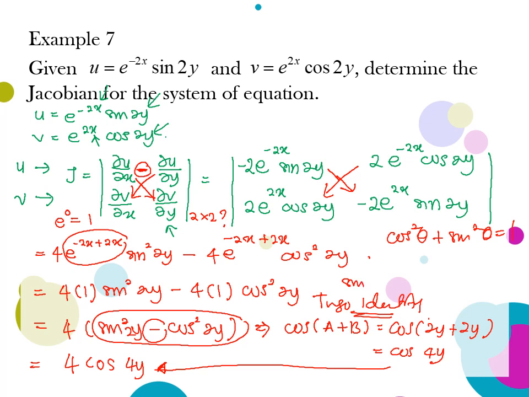Sine A sine B minus cos A cos B is equivalent to cos A plus B. So since our A and B here have the same angle, that will give you sine square AB minus cos square AB here, where our AB here is 2y.